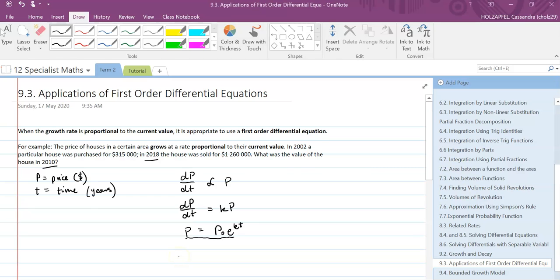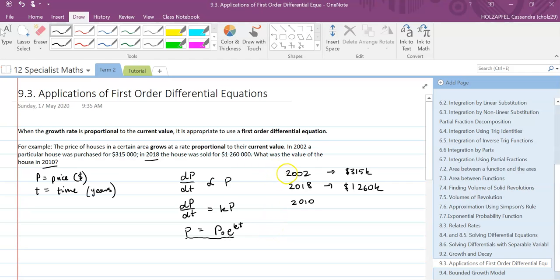In 2002, the house was purchased for $315,000. In 2018, the house was sold for $1,260,000. What was the value of the house in 2010?